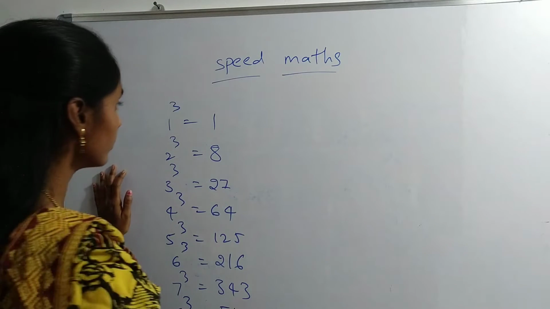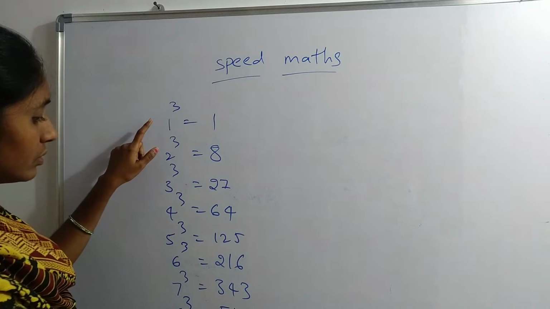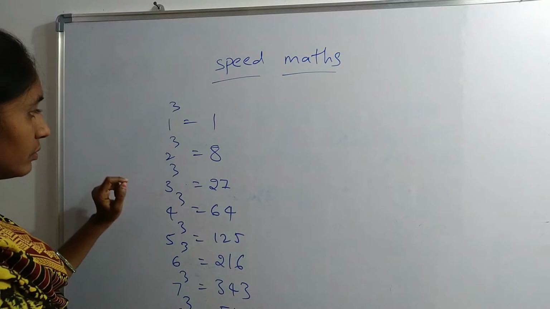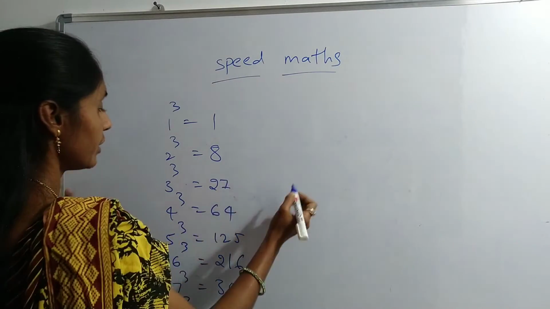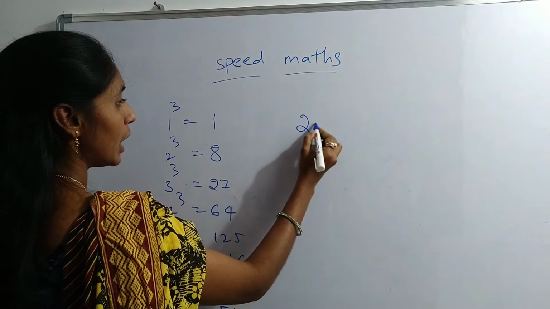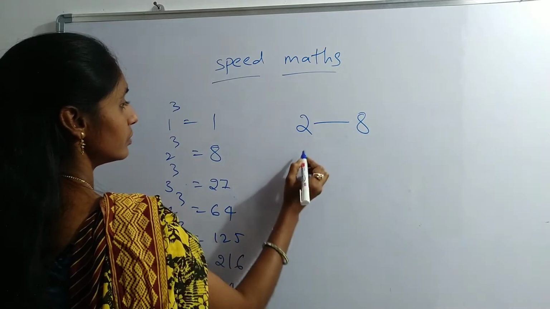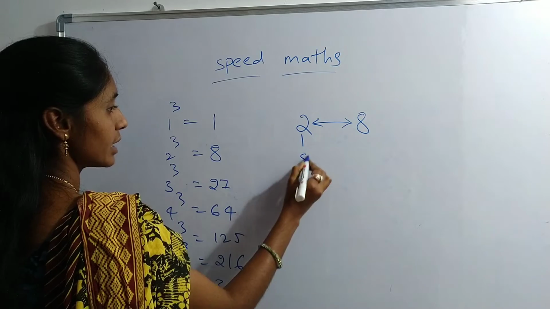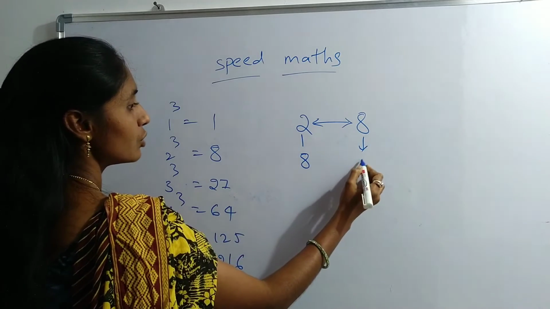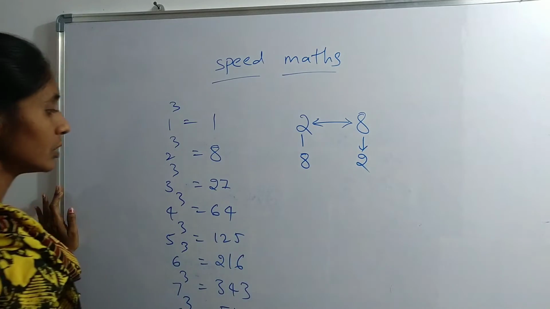Let me see, for 2 cube and 8 cube, it is vice versa. 2 cube ends with unit place 8, and 8 cube ends with unit place 2.